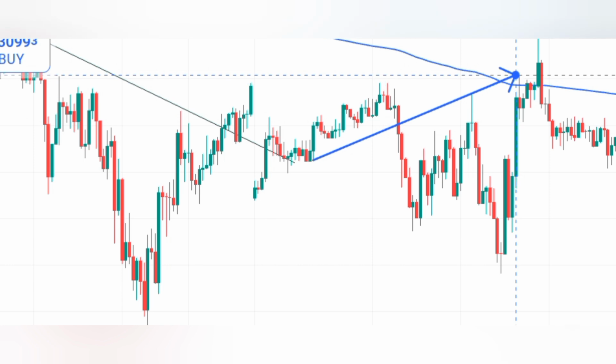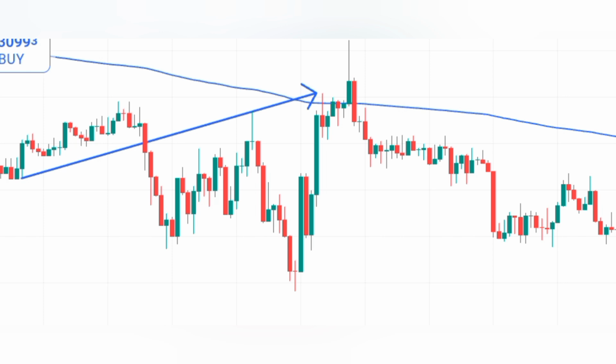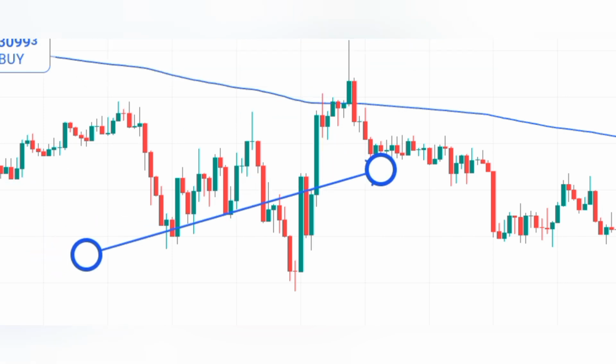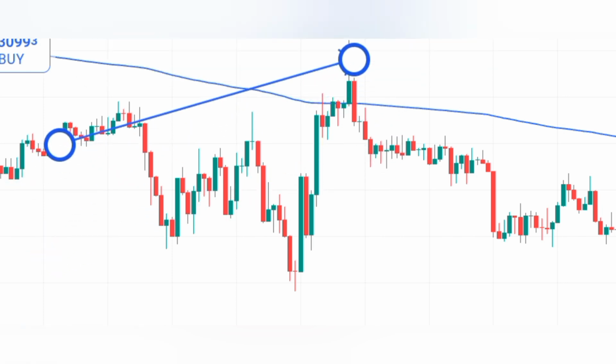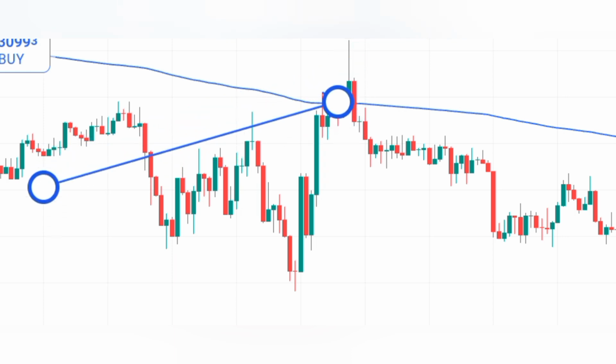Now when it reaches here, we want to see the entry confirmation. We always look at the candlestick confirmation, right? Now when we look here, remember it has created some bullish candle here. This green candle was actually a fake out.